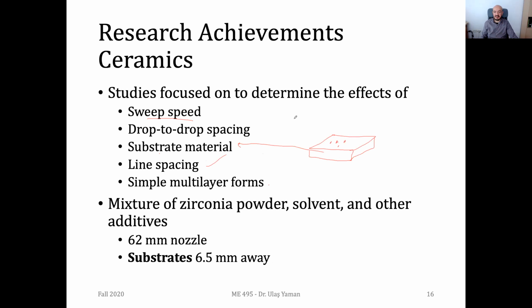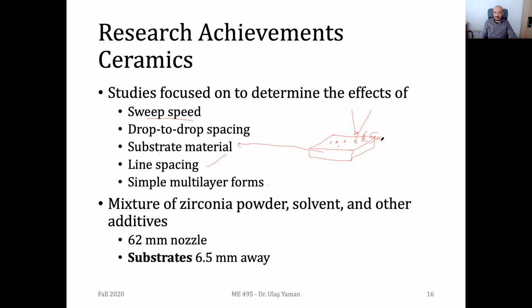This is important. And we have some other studies in the literature, and they use different types of powders, zirconia, and other additives. They came up with a solution that they need to have a quite larger nozzle, and they need to keep the nozzle quite away from the substrate. So there should be a gap, and this gap is about 6.5.